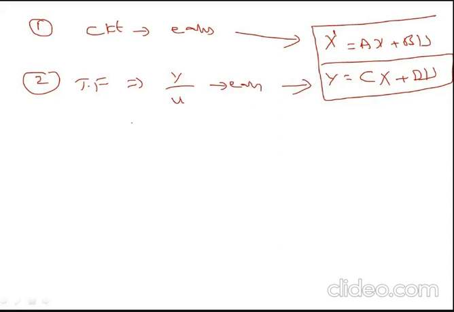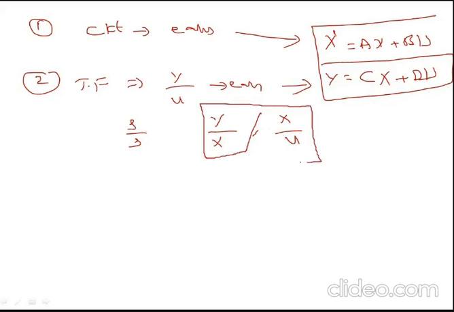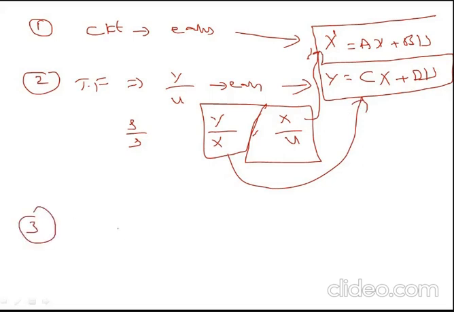Now if he has given both numerator and denominator s terms, then you separate your y by x output with respect to state, and consider input and output separately, and write the expression separately as I have done in the previous problem. So this will give you the state model for the state variable, and this will give you the expression for the output variable.